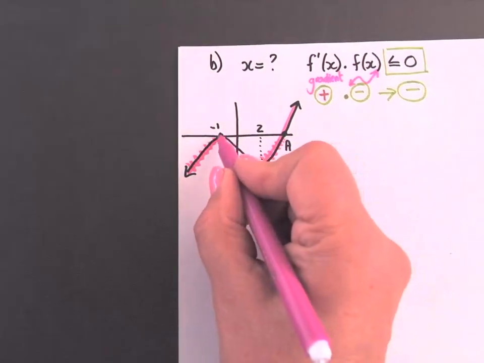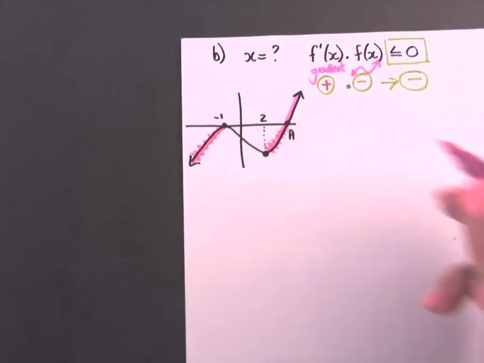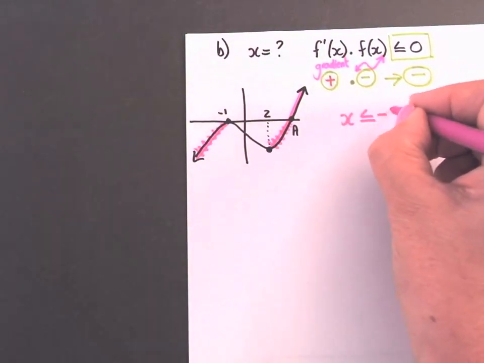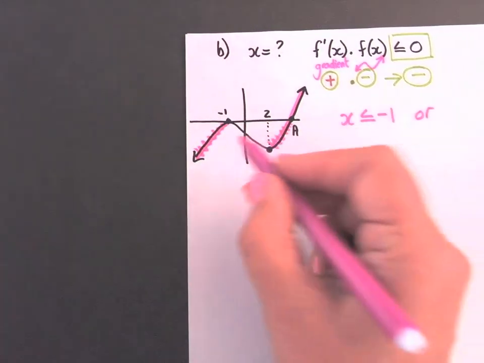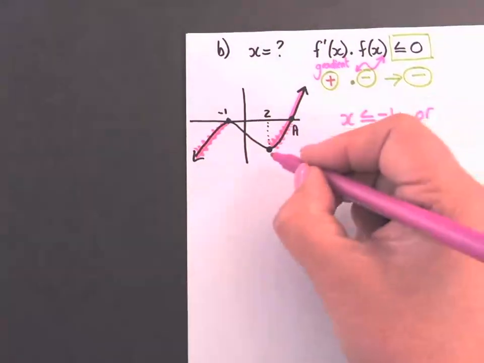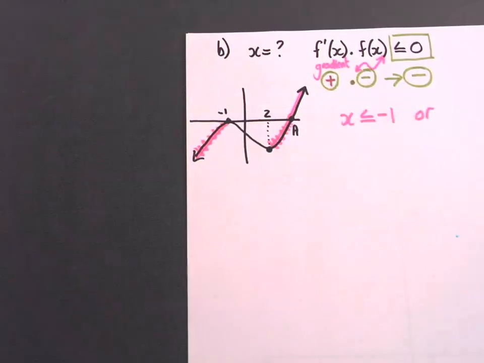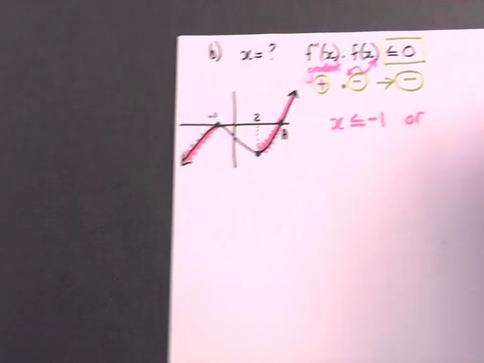Now you have to write your answer. x is smaller or equal to 0, -1, or, because I have 2 parts, between 2, and they didn't give us the x-intercept there. In this case, you make it an alphabet letter, A, or P, or Q, or whatever.